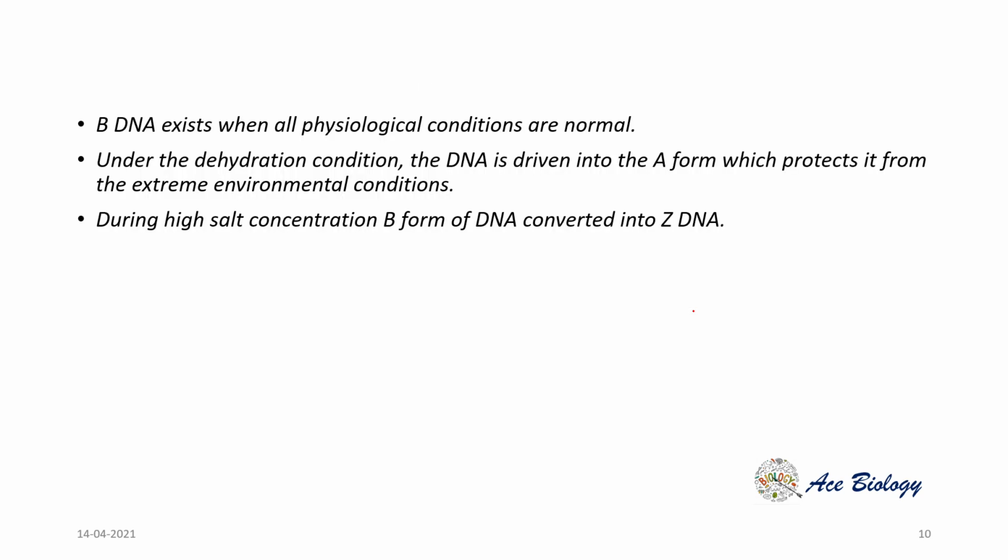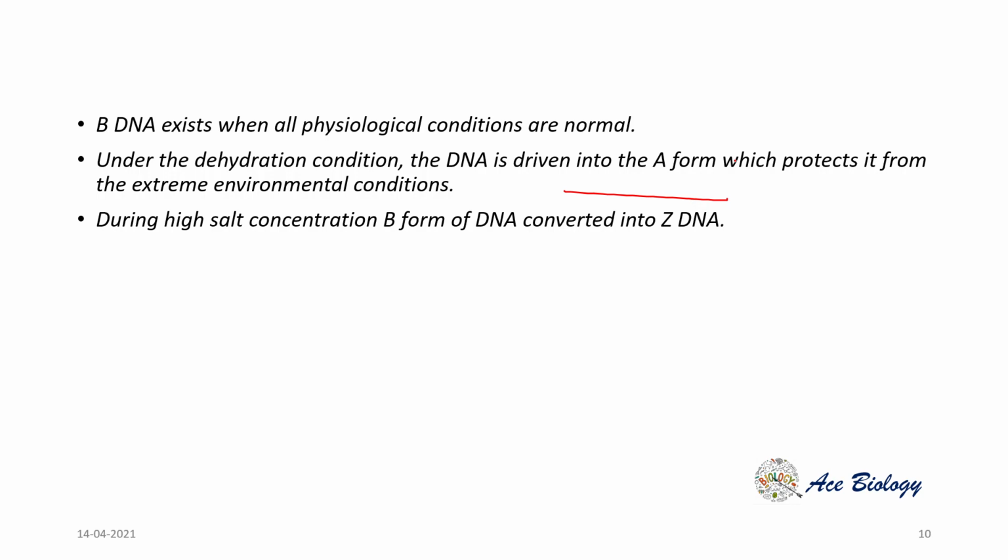Now, what happens under normal physiological conditions, this B DNA exists, but if there will be any kind of change in the environmental condition, it is seen that this B DNA gets converted into A DNA or Z DNA. For example, in case of dehydration, this B DNA will get converted into A form.